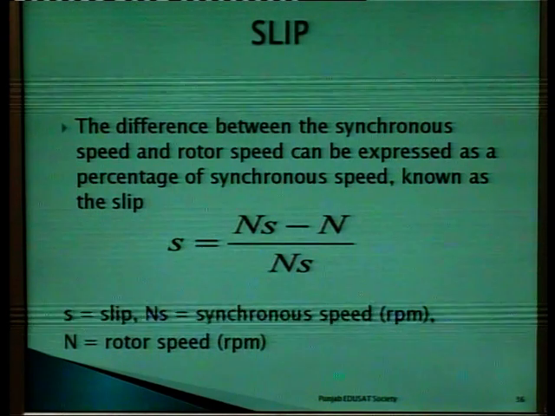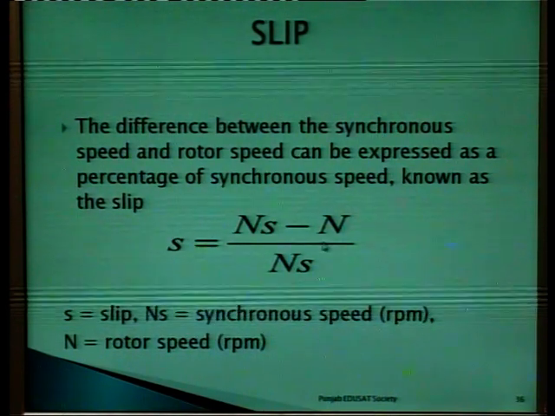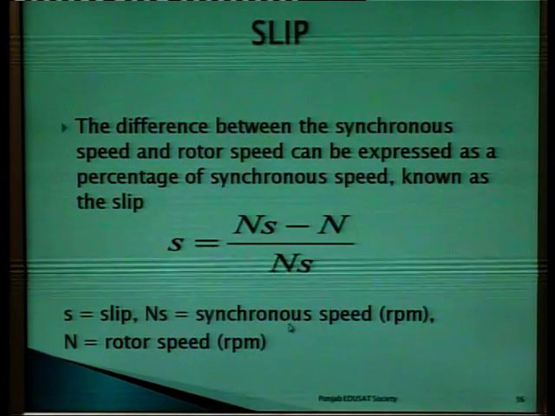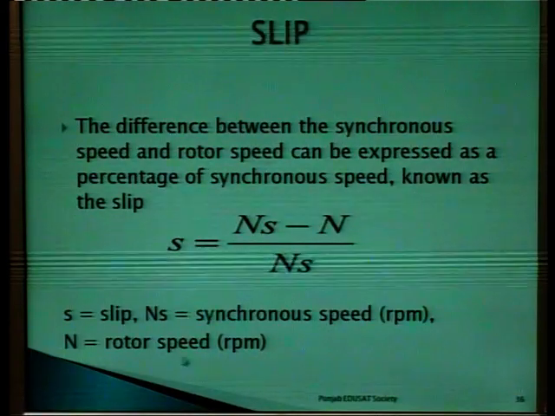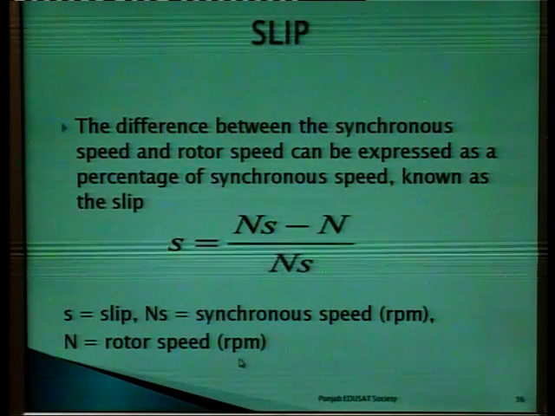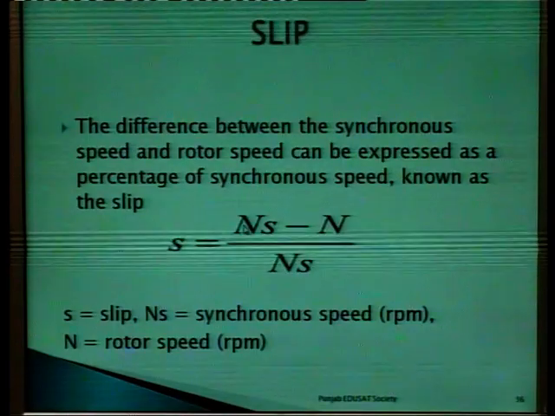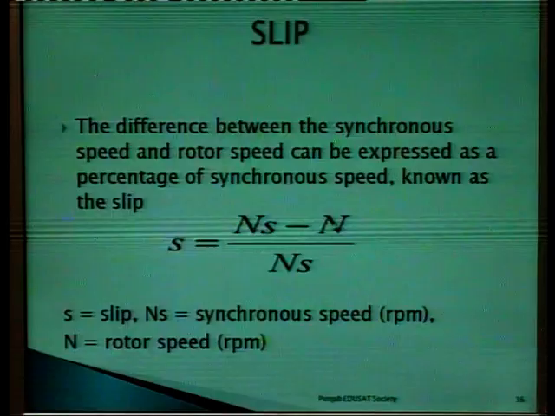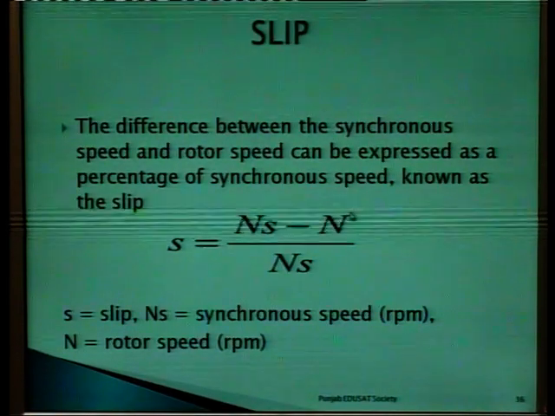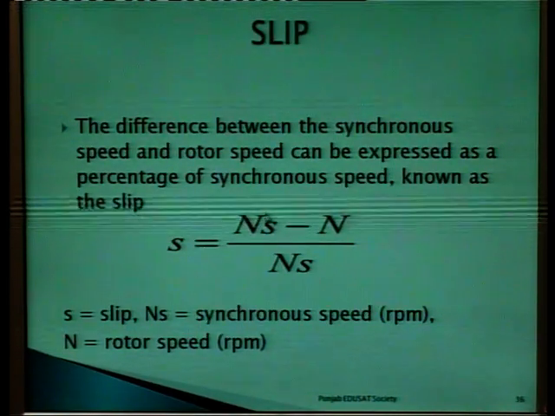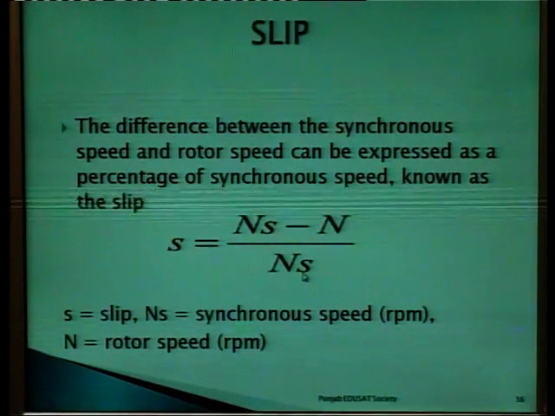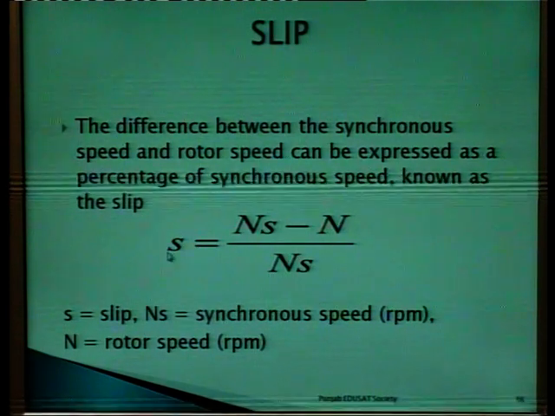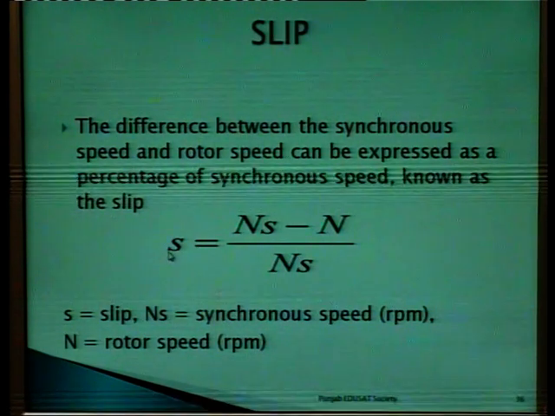Simply, slip S is equal to (Ns minus N) with respect to Ns, where S is the slip, Ns is the synchronous speed in RPM, and N is the rotor speed in RPM. So, how much the actual speed differs from the synchronous speed, with respect to the synchronous speed, that would be the slip value, and if we multiply this factor by 100, that would be the percentage slip value for the induction motor.